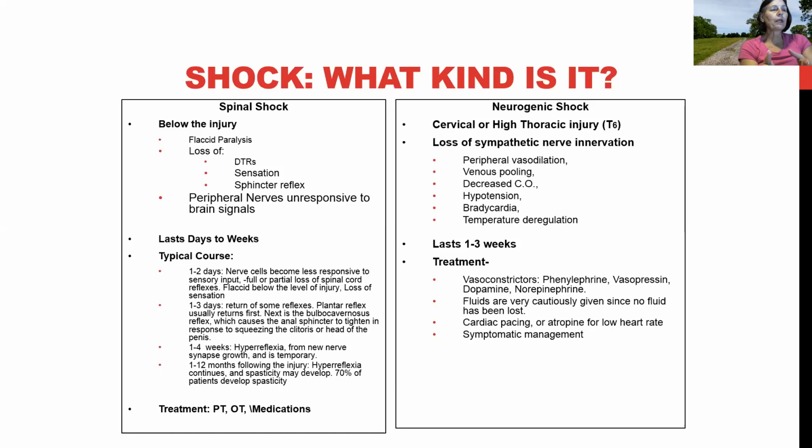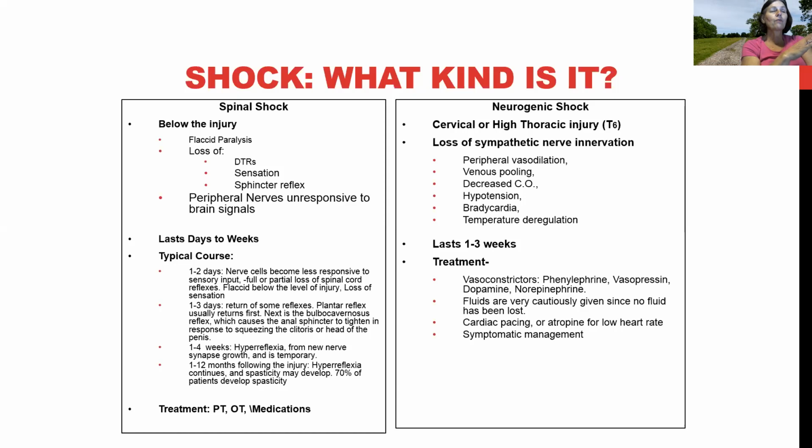About a week to 4 weeks later, after they've had this flaccid paralysis, so 1 week to a month later, they begin to get hyperreflexia. Remember, they had no reflexes. Now they begin to get hyperreflexia below the level of the injury. And after that, then they get spastic paralysis below the level of injury. And that can last for up to a year and sometimes a little longer.